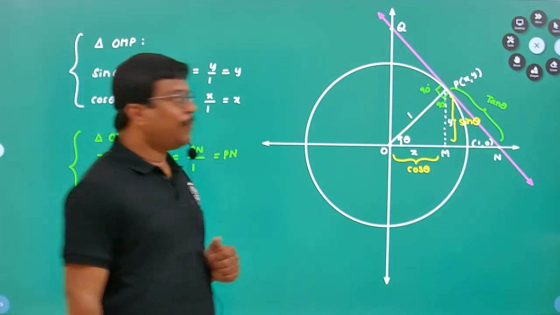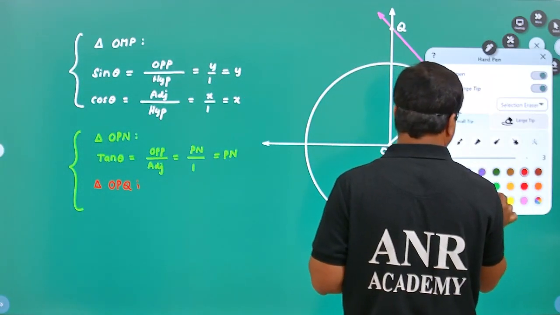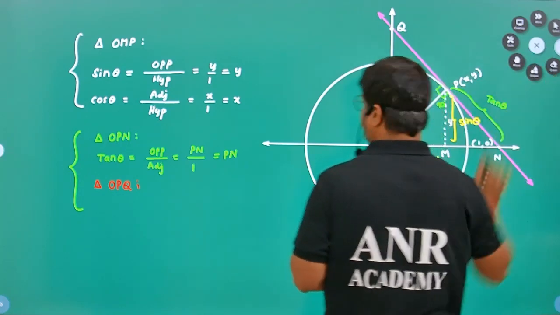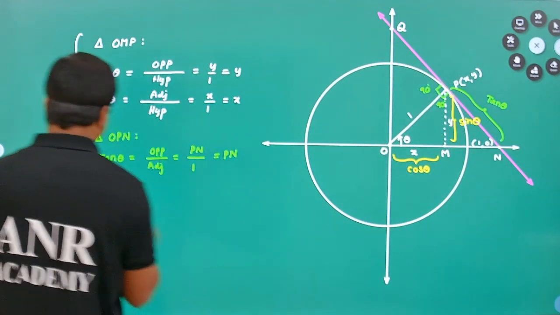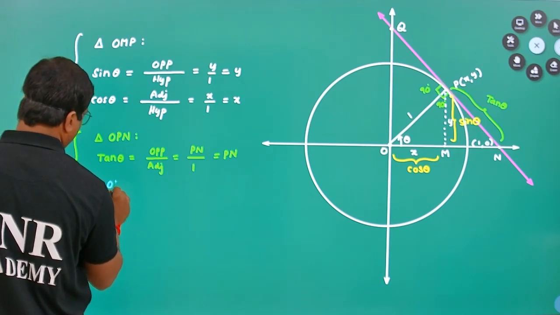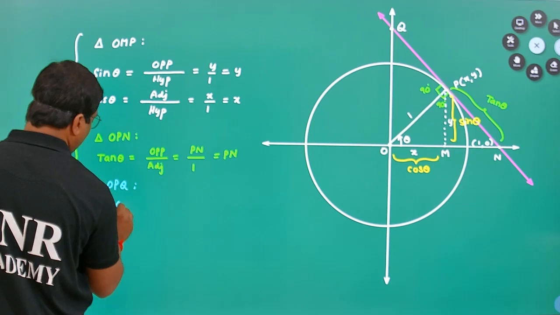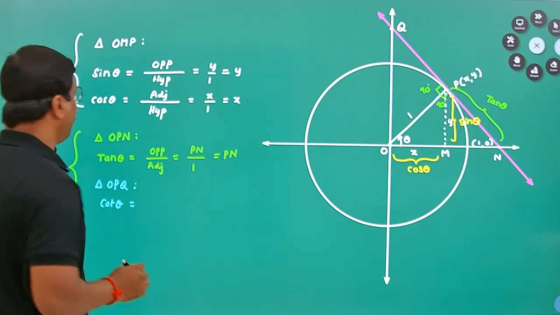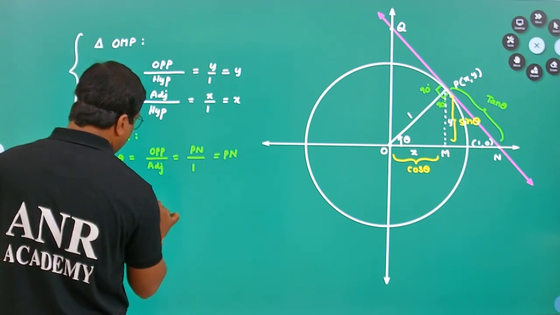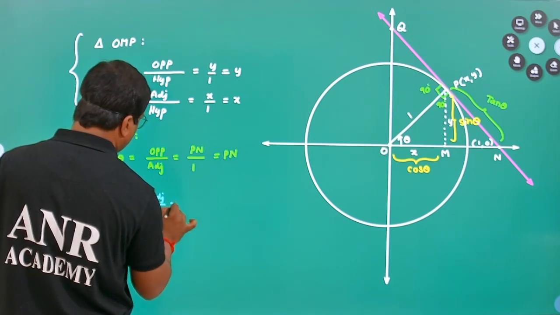From triangle OPQ, if you write the cotangent, that is cot theta, you know that it is adjacent divided by opposite.